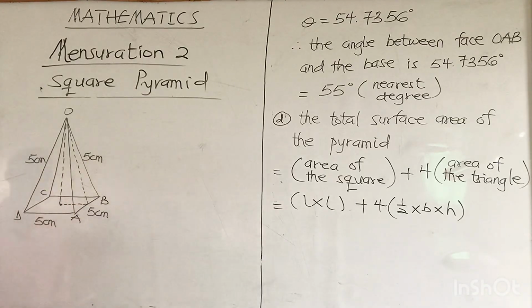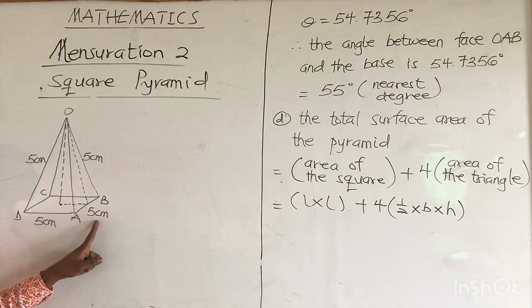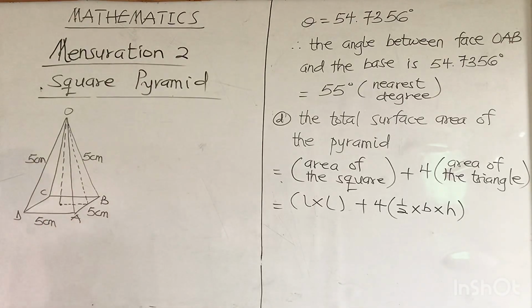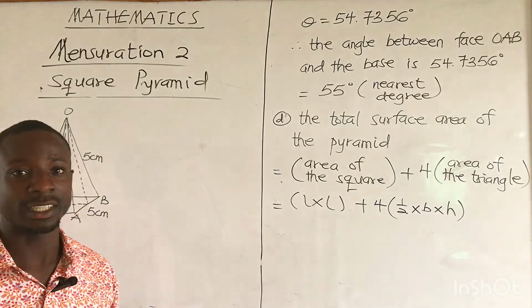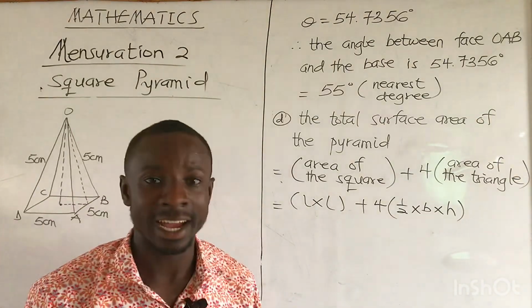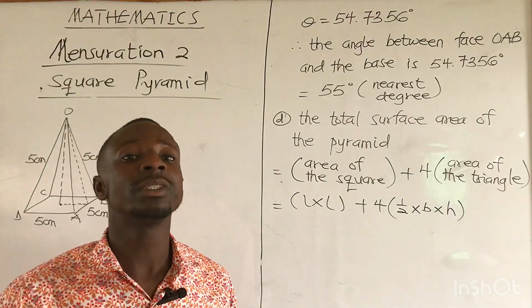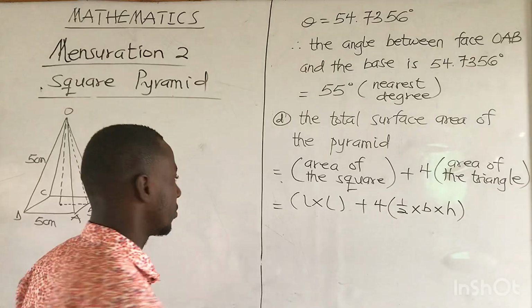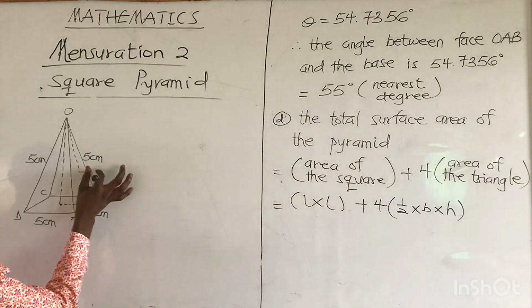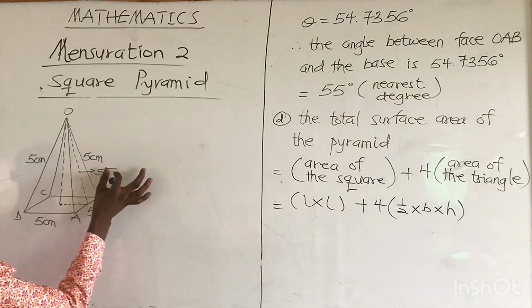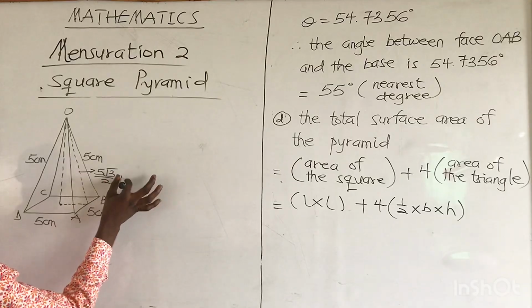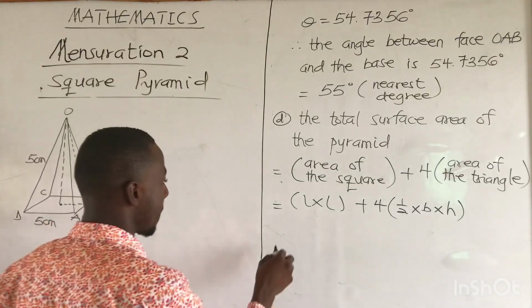Okay. So from this triangle, the base is 5, then the height. From our previous calculation, we had the height to be 5 root 3 over 2. So this is 5 root 3 over 2 centimeters.